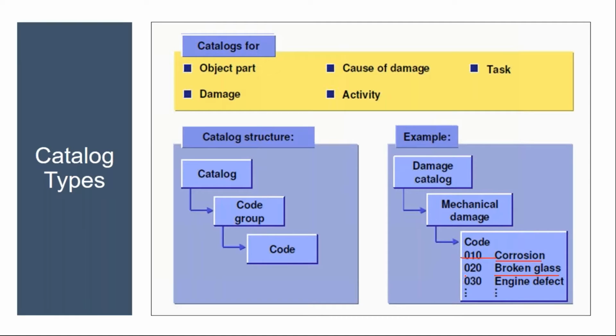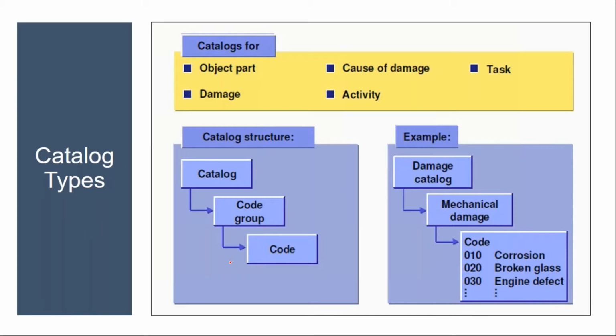Broken glass is a code. Engine defect is a code. All these individual codes are clubbed into a code group called mechanical damage. And this code group belongs to a catalog type called damage. So this is how it is structured. A catalog structure will look like this: in the catalog you have code groups, and the code groups will contain individual codes.